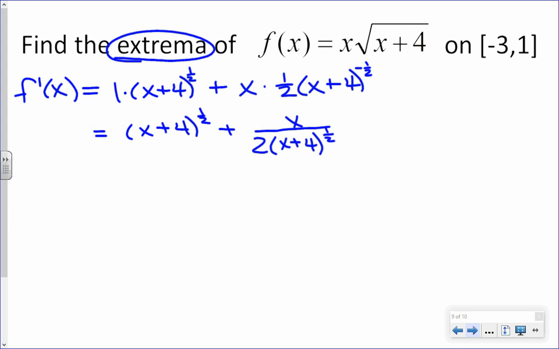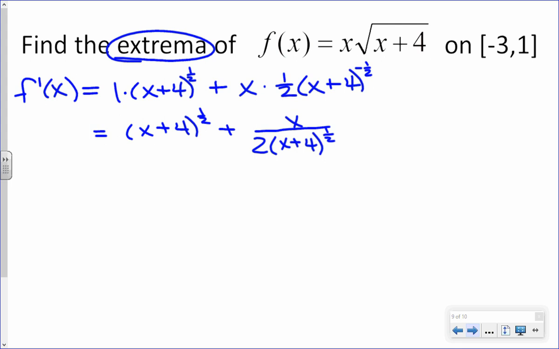In order to consider where this is 0, since we do have an expression with a denominator, let's go ahead and create a common denominator to add these two together. If you think back to your multiple choice worksheet, we did have one like this where we had to do this algebra.